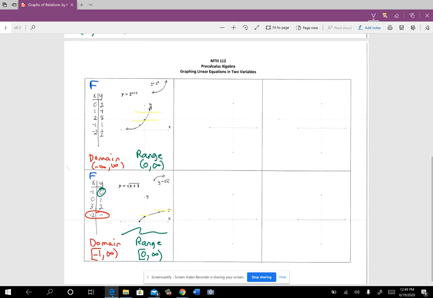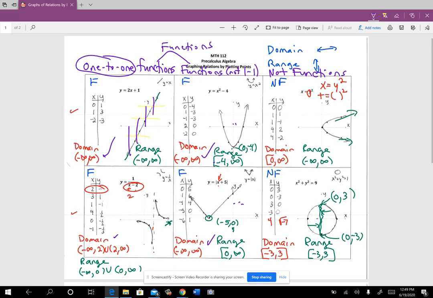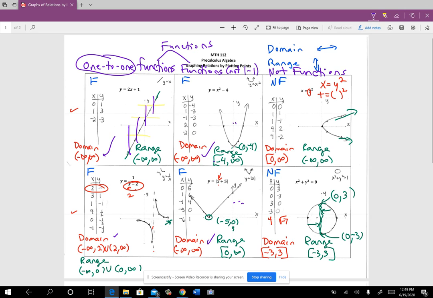Or it might only be from like -1 to infinity. You know, your domain doesn't have to be all reals in order to be a function. All right, so that kind of finishes up what I wanted to say about this, just a little more practice with identifying whether something's a function, but then also trying to figure out what the domain and range is looking at graphs, if you have graphs.